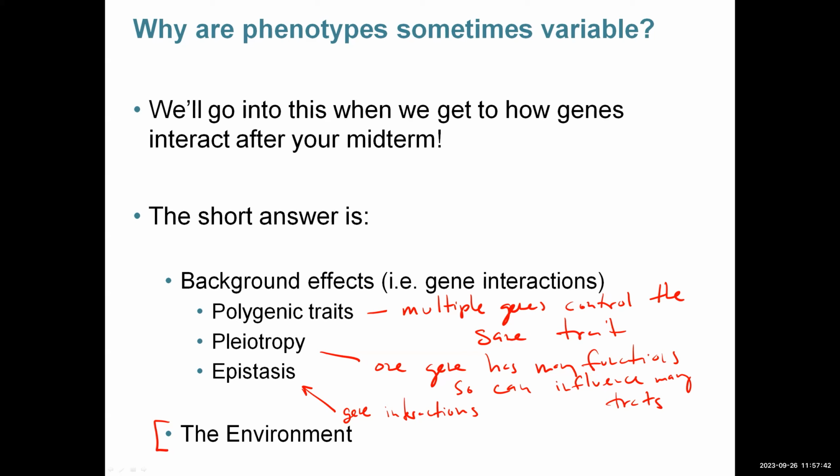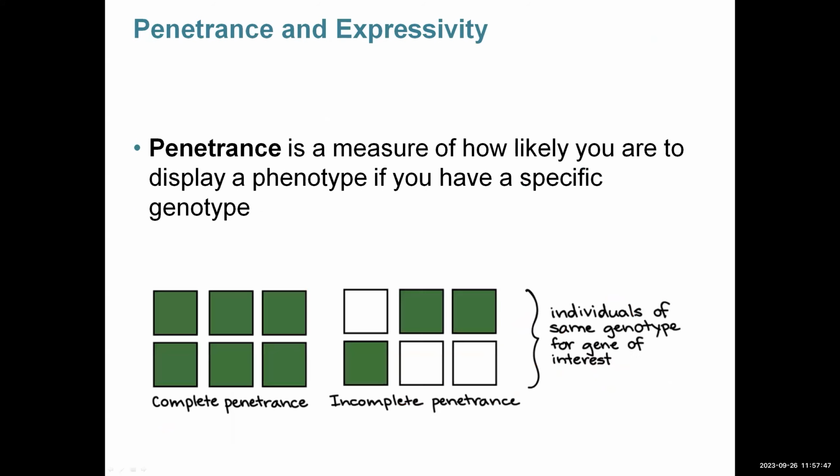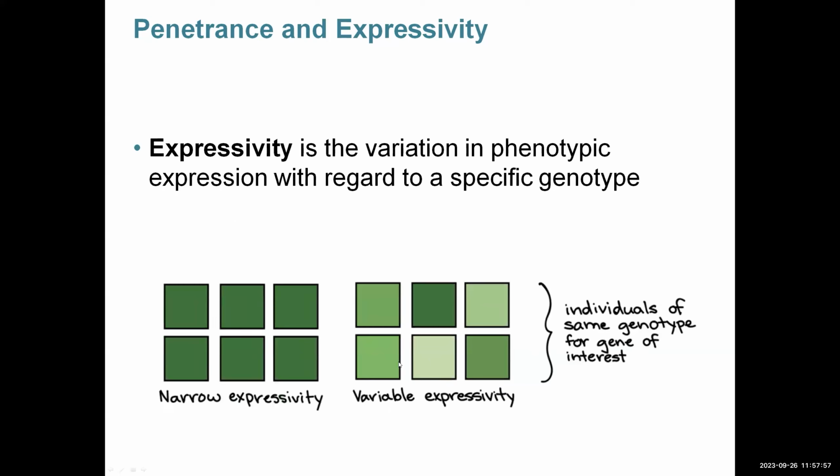But I want you to understand that these ideas that genes can have both differences in whether or not they appear that have very little to do with their genotype specifically, in the form of penetrance, and differences in how they are expressed, in the form of expressivity, are part of why it's difficult to determine exactly what every gene does and to tie each individual gene to a specific outcome.